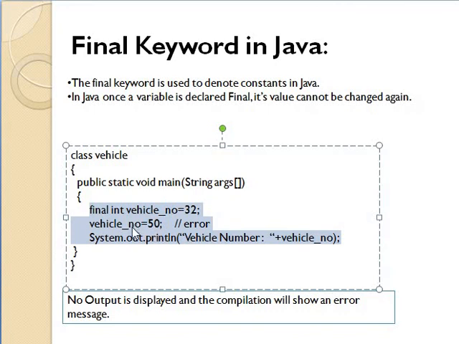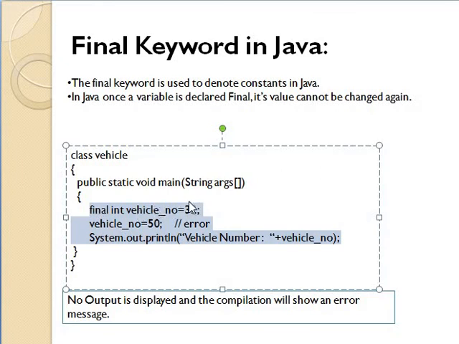But on doing this, the compiler has generated an error message. The error message says that once a variable has been declared as final, its value cannot be changed again.